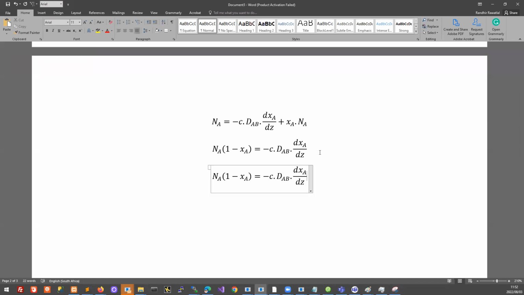So we can say dx_A divided by 1 minus x_A is equal to, and then on this side, N_A divided by C D_AB.